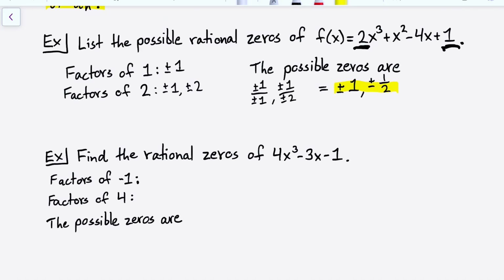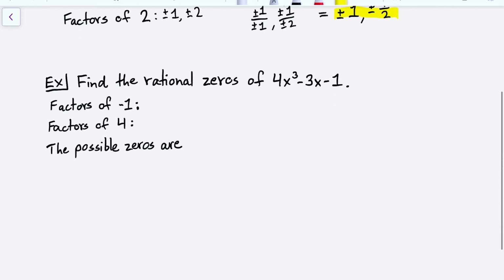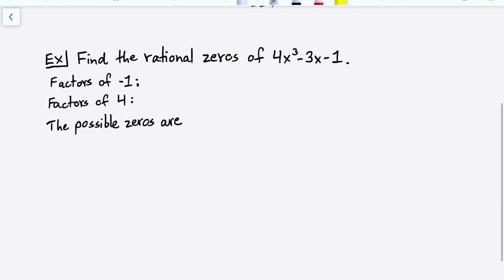Let's look at a final example where I actually find the rational zeros of a function using the Rational Zero Theorem plus a little bit of long division. First, let's identify the possible zeros to this function. The factors of negative 1, the constant term, again, are positive or negative 1.